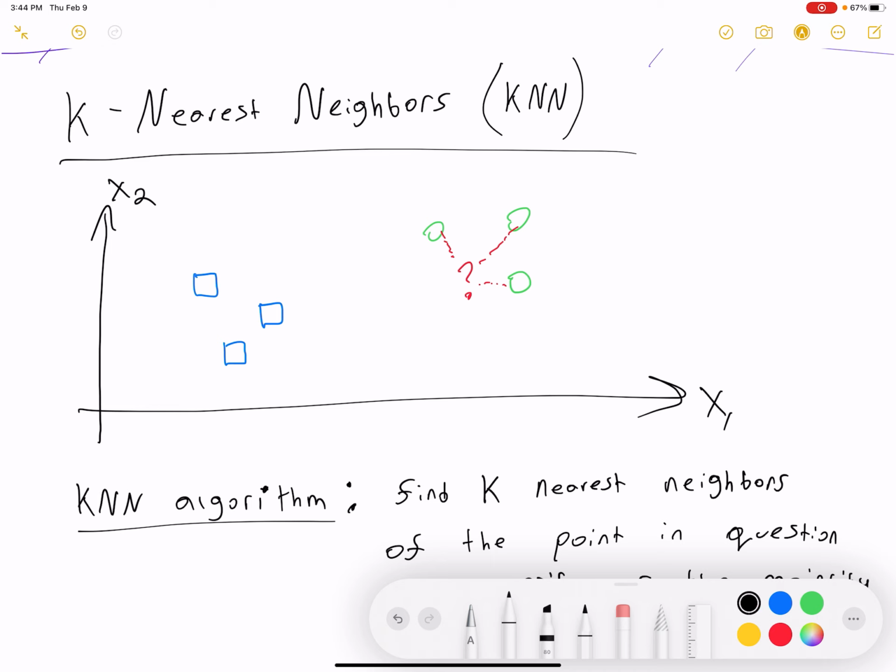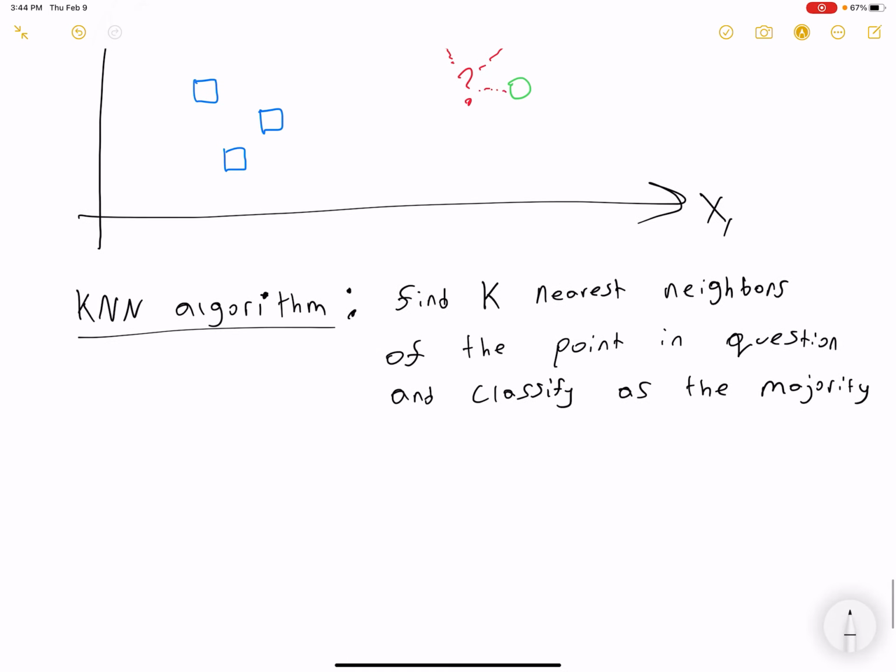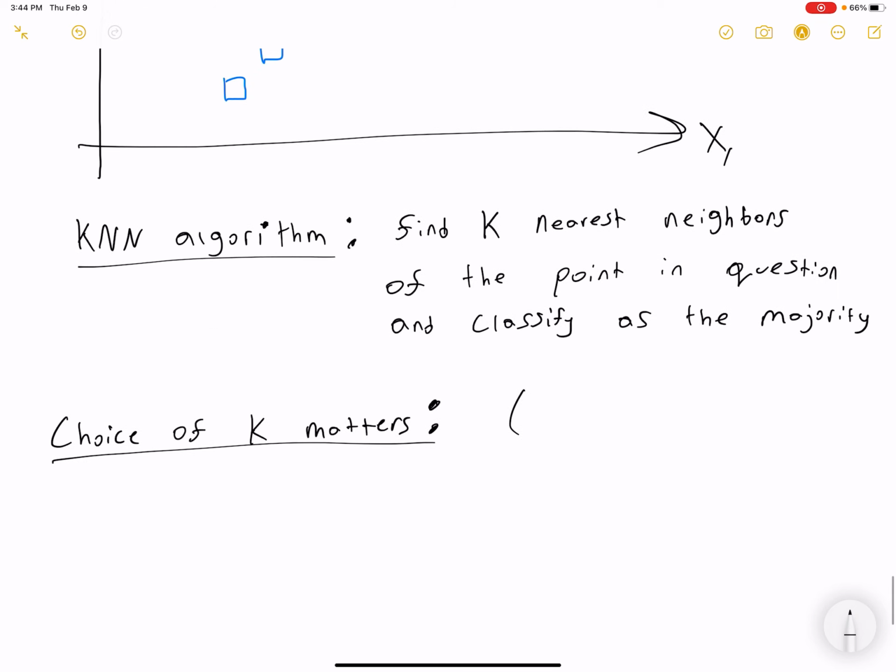The main interesting point about K nearest neighbors is that the choice of K matters. And let's show an example of that. For those just reading the notes, K is a hyperparameter.